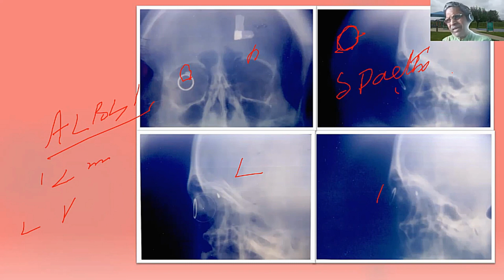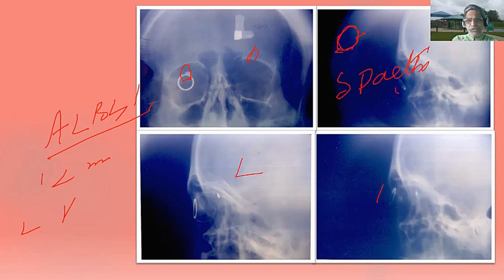There are so many names given, but just know Spath. Some examiners think it's called a stellar, doesn't matter, but you tell at least Spath ring. 12 millimeter diameter, made of silver. You keep it over the limbus, suture it, and take a PA view.